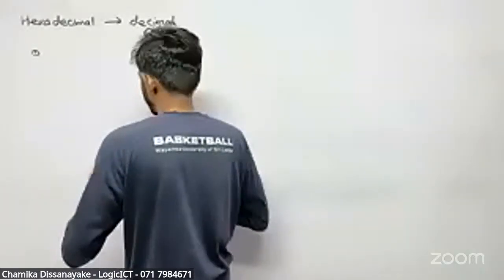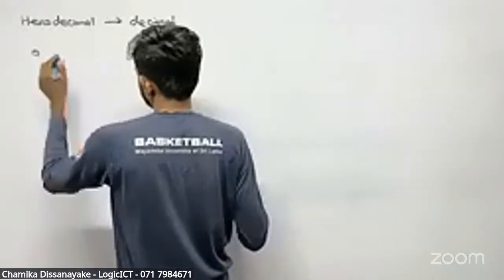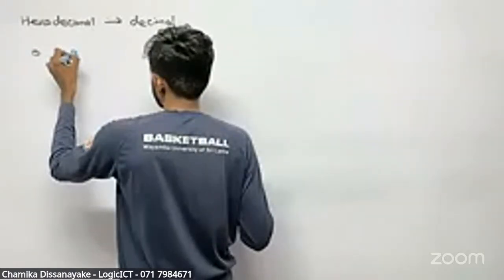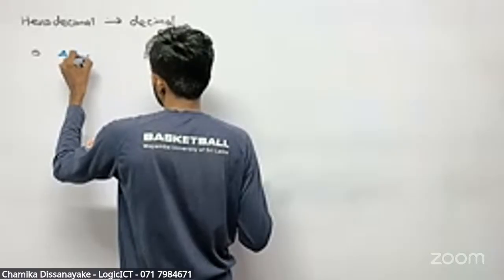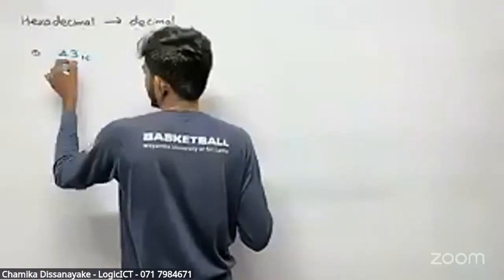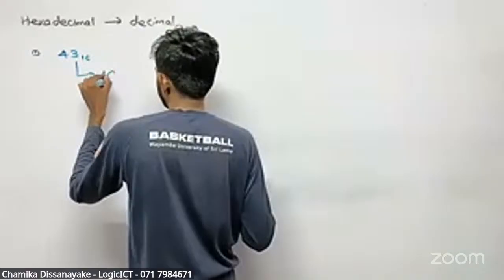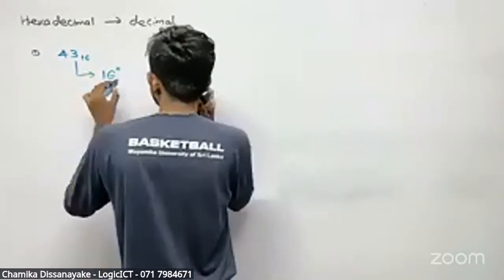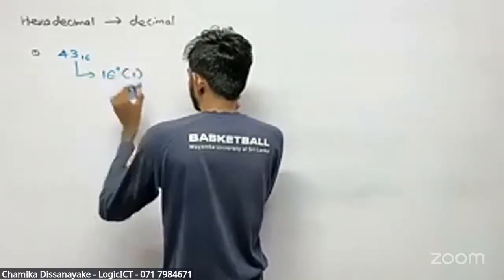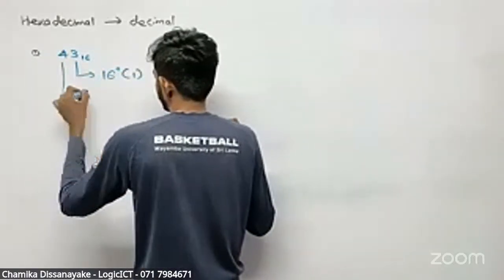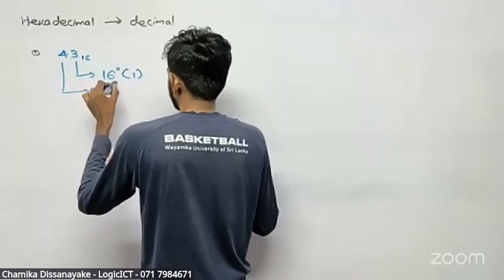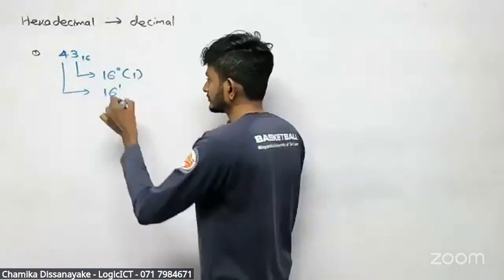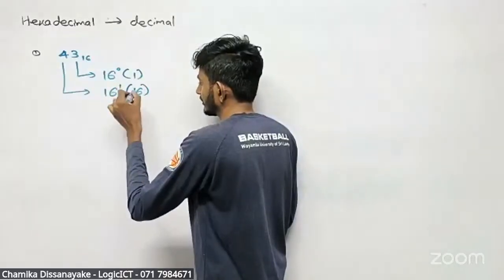Very simple. As you know the method, this is very simple. 43. Okay. Hexadecimal. So then here it is 16 base 0. The value is 1. Here 16 to the power 1, that is 16.